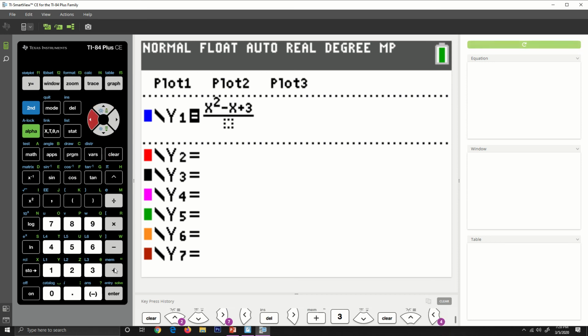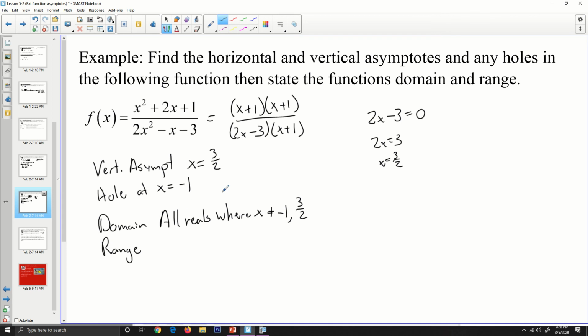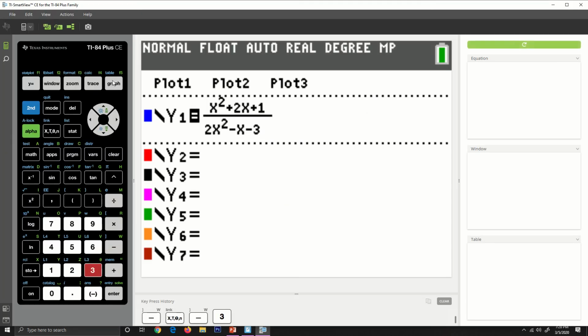And then on the bottom, we had 2x squared minus x, and then it was minus 3. Let's check to make sure. Yep.